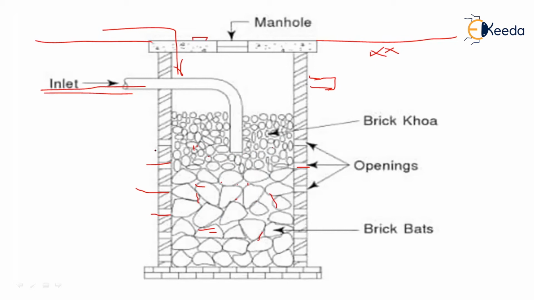We don't want that clogging. Also, if we are putting some aggregates here, care should be taken that the holes of this tank are not clogged up. We want some space for water to go outside and deep below.